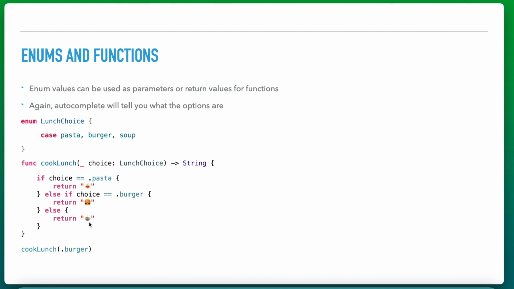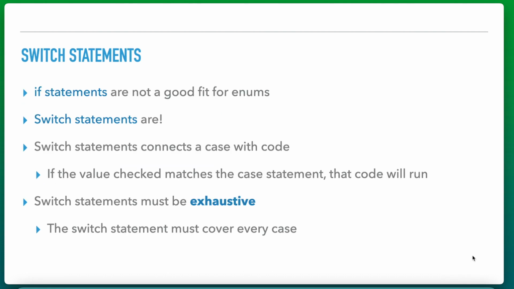If my choice is equal to, let's say, a smoothie, for example, well, I don't want to return the soup emoji because that would be wrong. So switch statements are better than if statements for enumerations. This switch statement pairs a result with every single case. Let me show you how that looks.